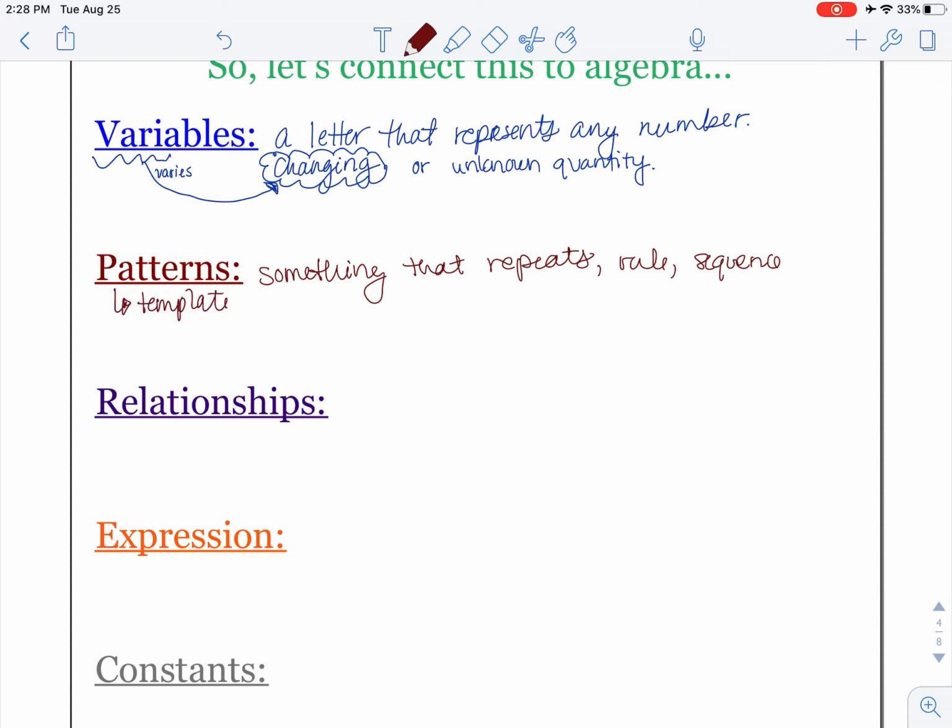A template in Microsoft Word, in Keynote, in Google Slides, in PowerPoint, whatever you use, has a preset template so that you can just fill in your information or your pictures and then have it look a certain way. That's what a pattern is. A pattern is a template that you can follow. If it says turn right 3 times and jump 4 times, that's the pattern you will continue to follow so that every single time it comes out the exact same way.